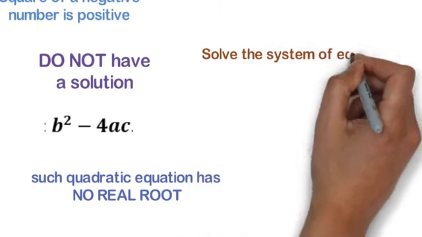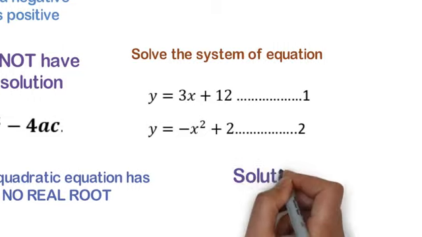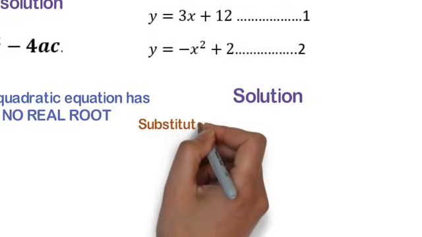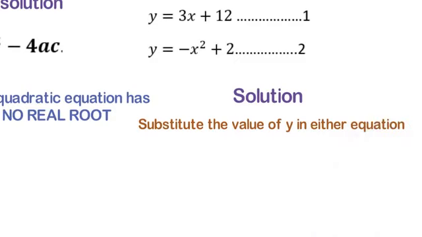Solve the system of equations y equal to 3x plus 12 as our equation 1 and y equal to negative x squared plus 2 as our equation 2. Solution: substitute the value of y in either equation. Since in both of them y is made the subject of the formula, we have 3x plus 12 equal to minus x squared plus 2.